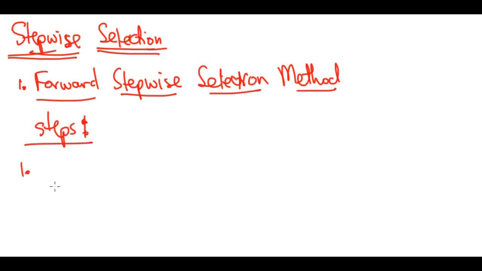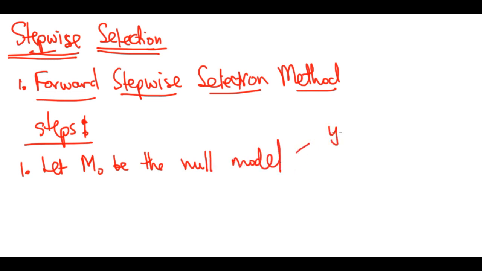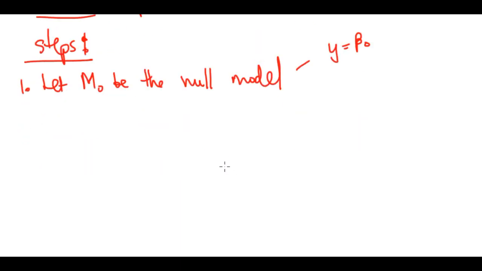So step number 1, we start by letting M naught be the null model. It's the model that has no predictors, y equal to beta naught. That is the model with no predictors, right?